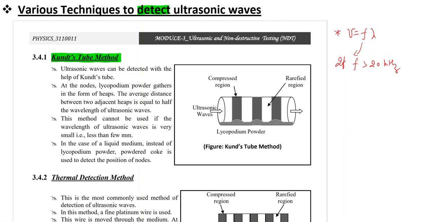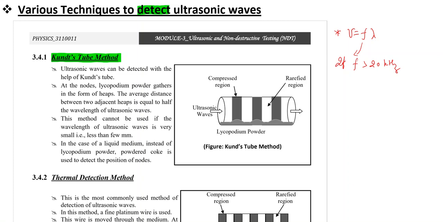You have to find out the frequency of that wave, and we know that if the frequency is more than 20,000 hertz or 20 kilohertz, then that sound wave is an ultrasound wave. So ultimately, in all the detection techniques, what we need to find is the frequency of ultrasound waves.